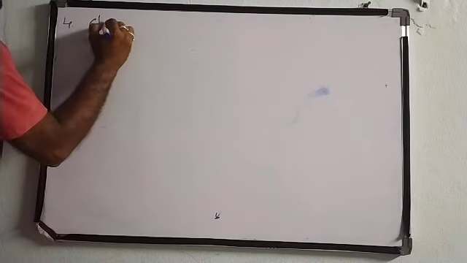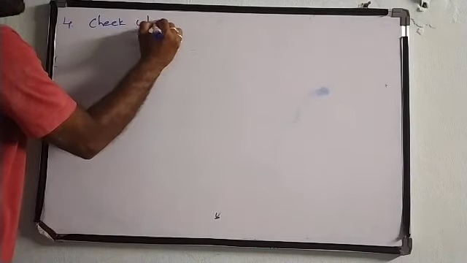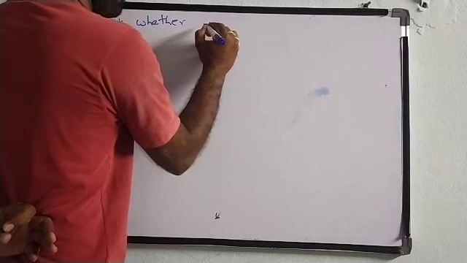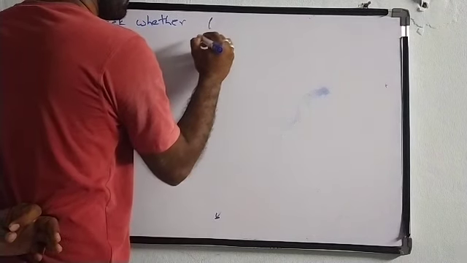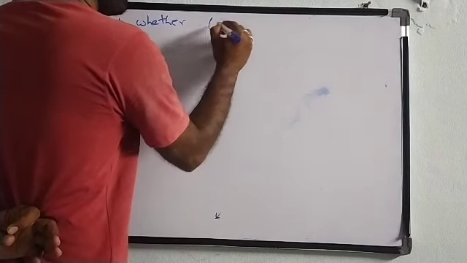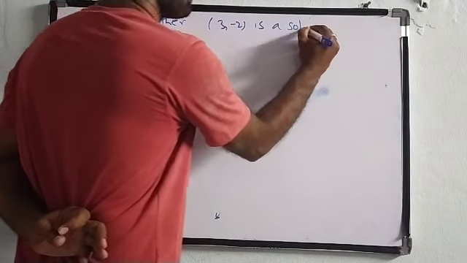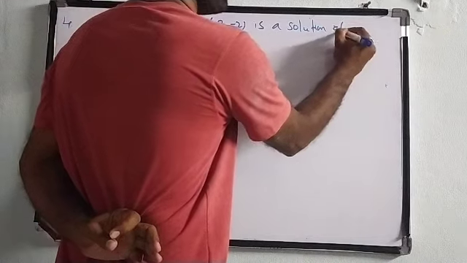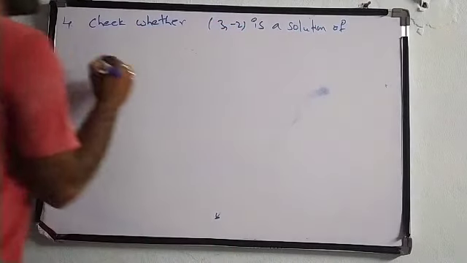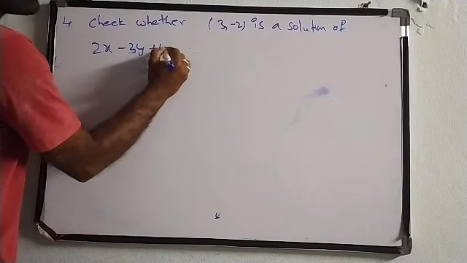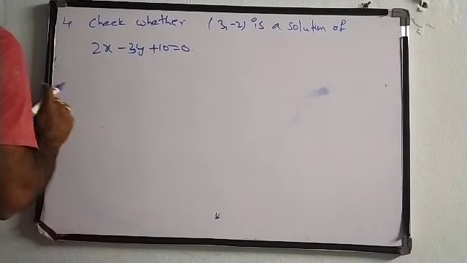Fourth question, check whether (3, -2) is a solution of 2x - 3y + 10 = 0.